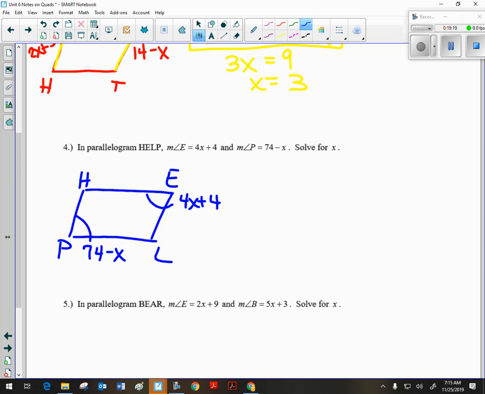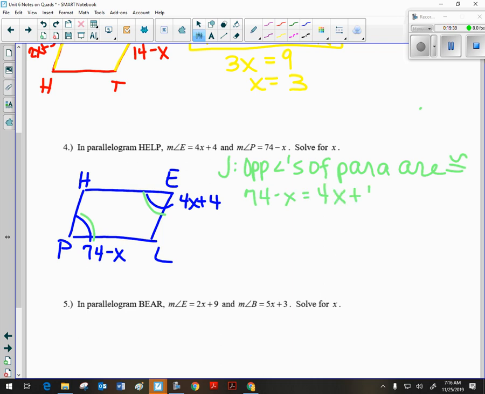The rule that I'm going to be using for this is that opposite angles of a parallelogram are congruent. So in this case, I'm going to be putting the 74 minus x equal to the 4x plus 4, which will give me 5x equals 70, and x is 14.